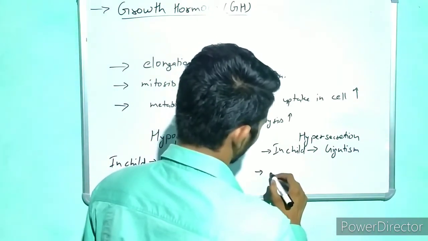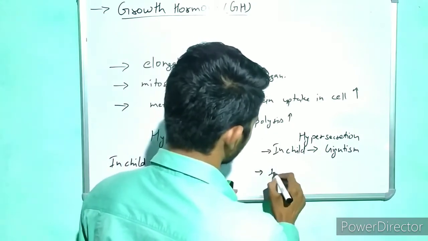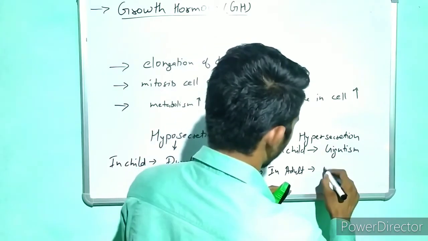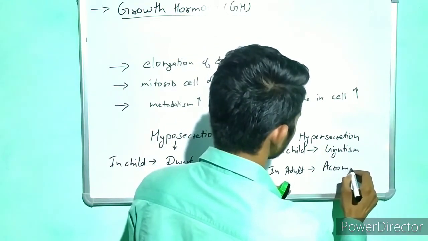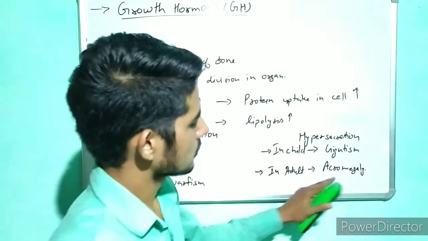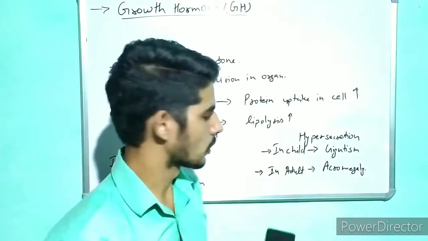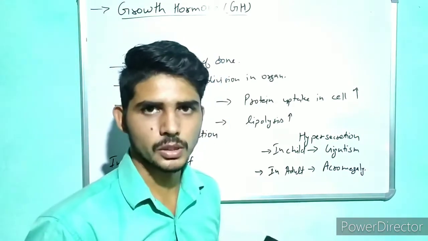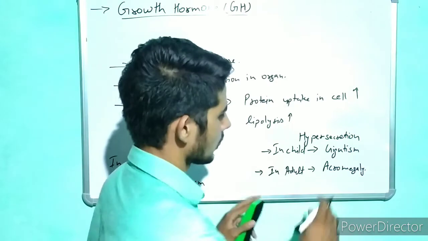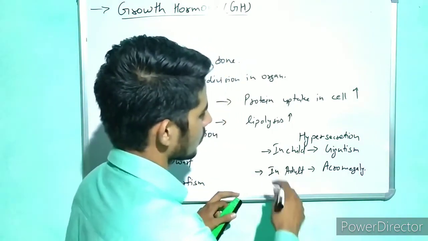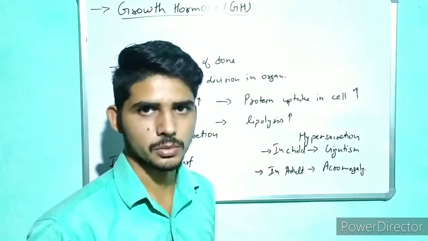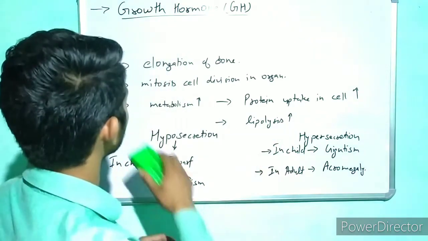If this hormone has more secretion in adults, this disease is called acromegaly. The acromegaly person has a normal height because in adulthood the epiphyseal plates of the bones are closed, so the height cannot be increased by the growth hormone. In the acromegaly person, it causes a disfigurement or enlargement of the facial or vertebral bones. So this is all about the growth hormone.